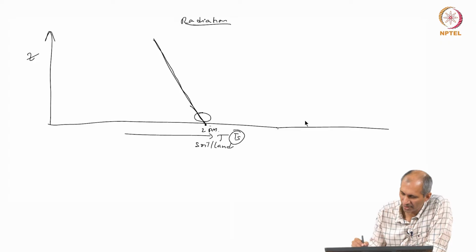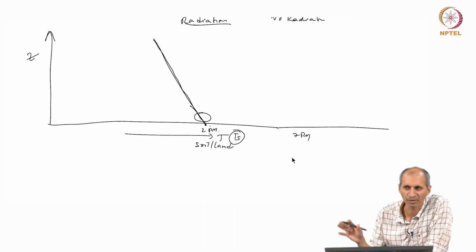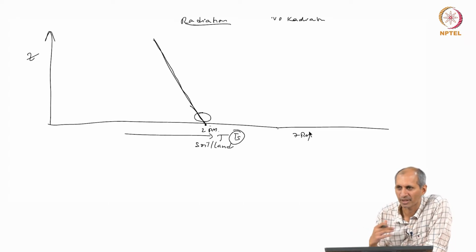What happens when there is no radiation, say at 6:30 or 7 p.m., when the sun has set? The soil starts cooling, and it cools very rapidly, as it has given up all its heat. Then you see a small decrease in temperature; the air is still hot, but the soil has started cooling.